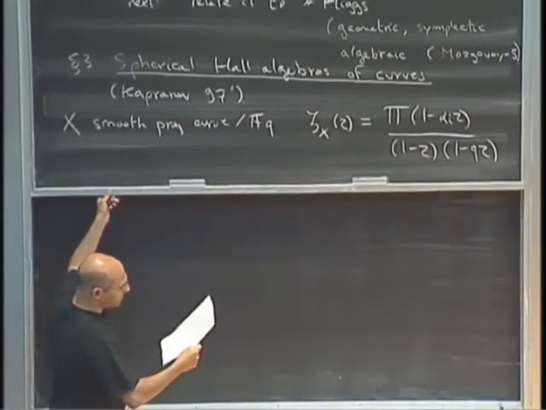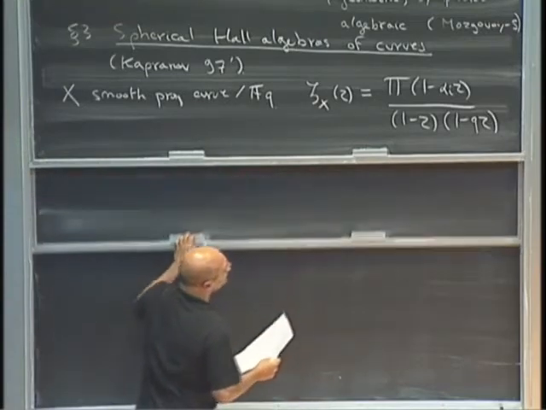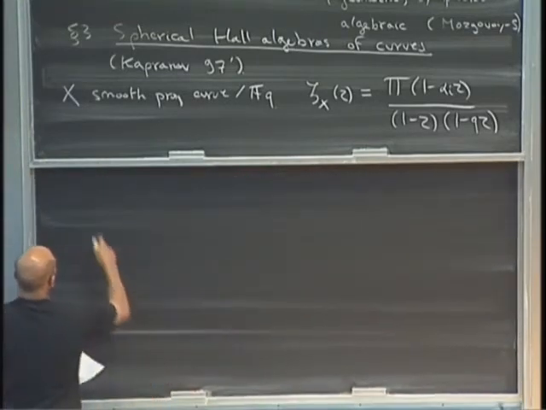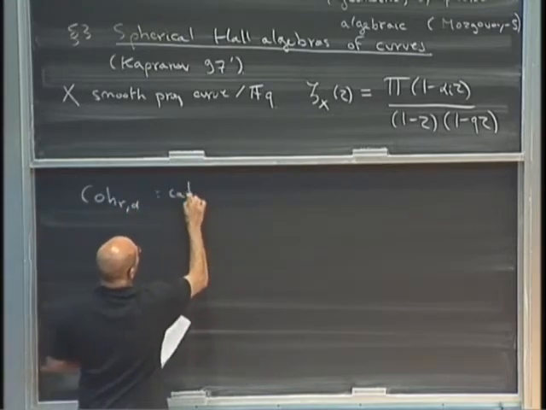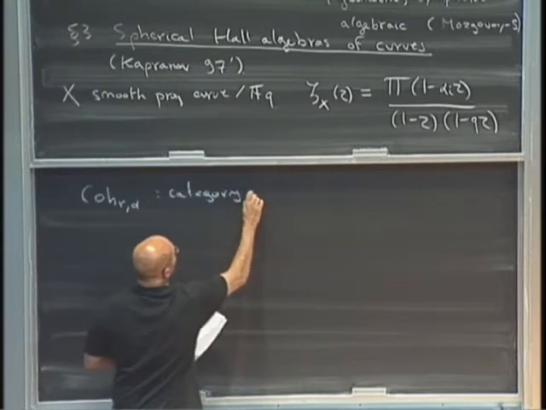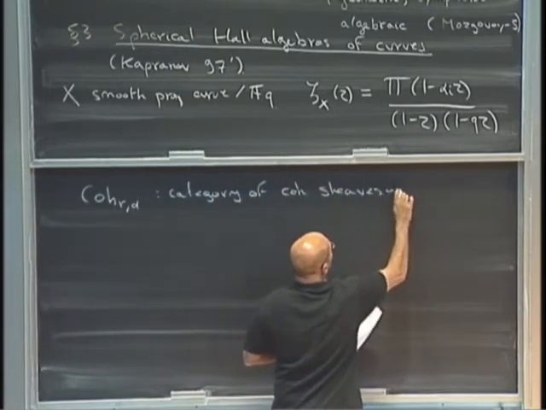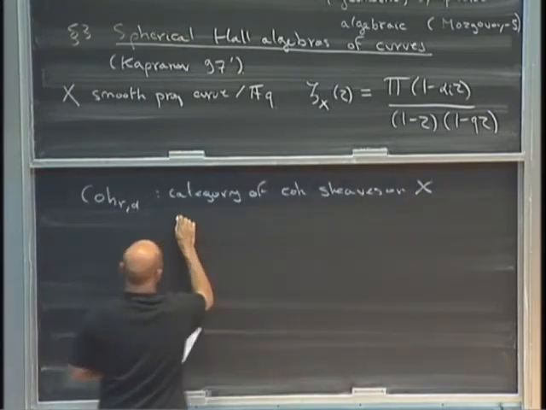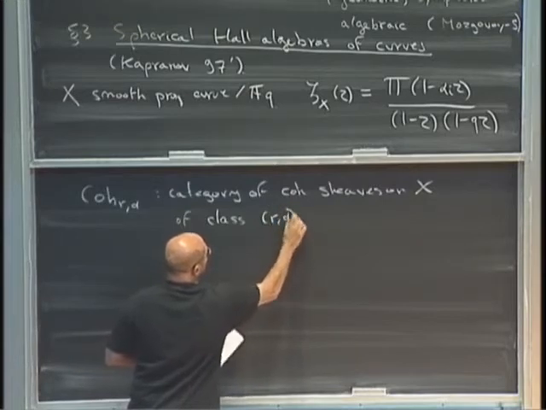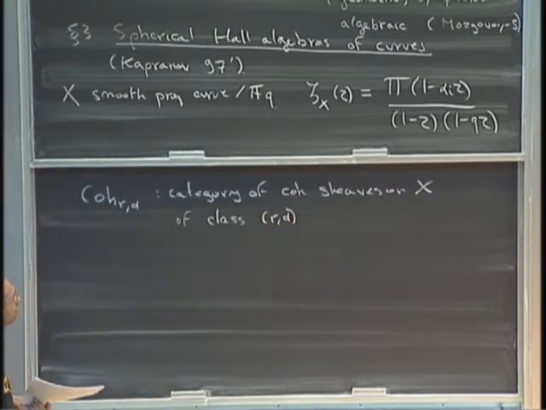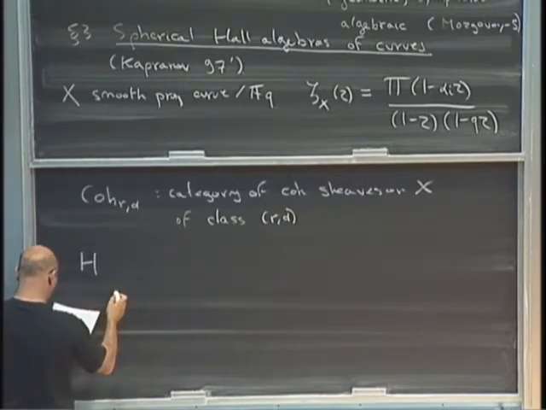And let me denote by Coh_{R,D} the category of coherent sheaves on X of class (R,D), so of rank R and degree D. And this Hall algebra, the non-spherical Hall algebra for the moment, is the following.